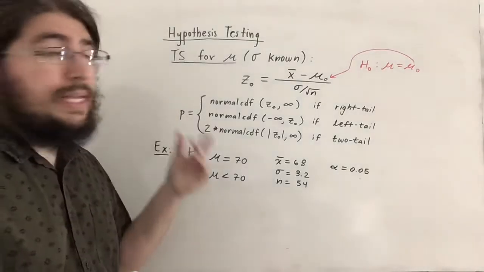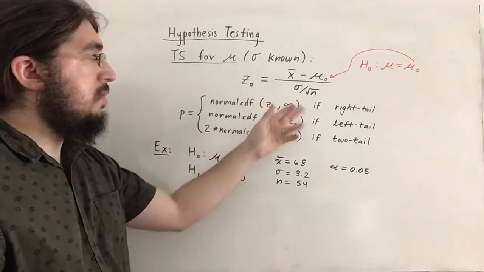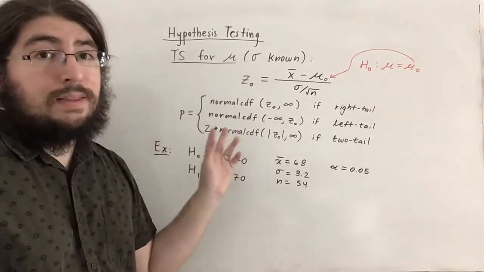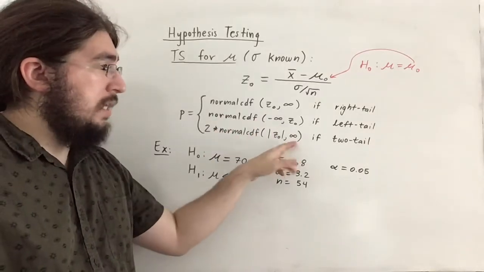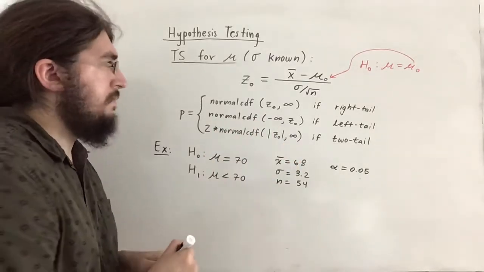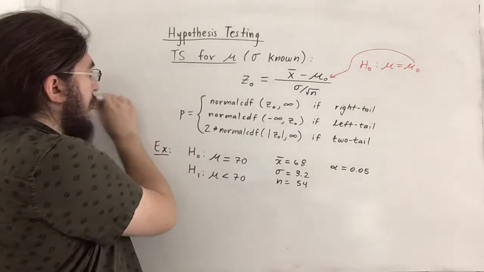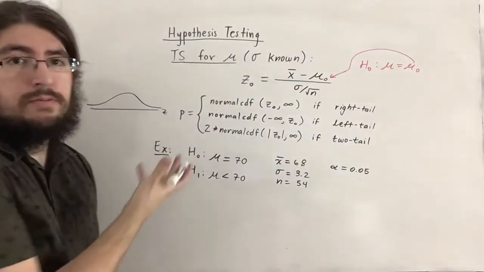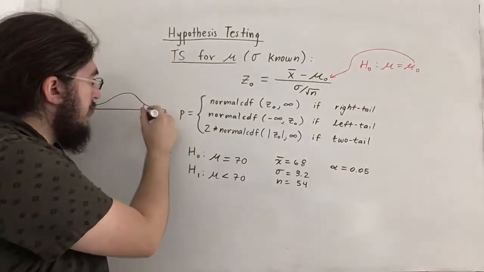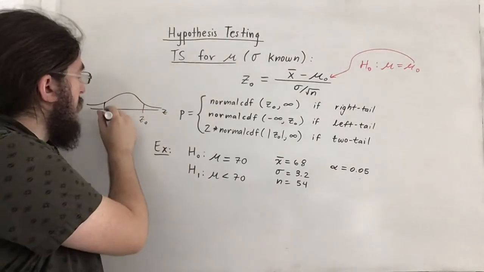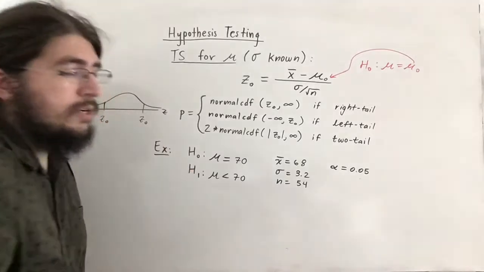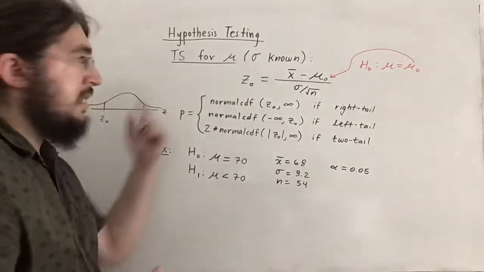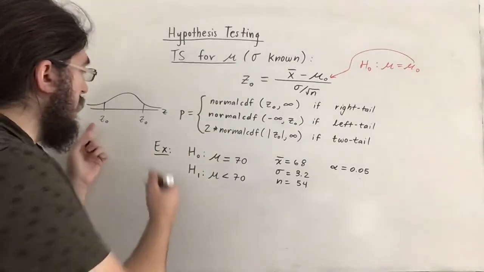And P is given by this. It's either normal CDF from z naught to infinity, or from negative infinity to z naught, or 2 times that of absolute value of z naught to infinity. Let me try to explain. On the z curve, we have this normal curve, and z naught is either here or possibly over here, depending on your test. If it's a left tail test, for instance, z naught should be negative, so it's going to be on the left of 0.